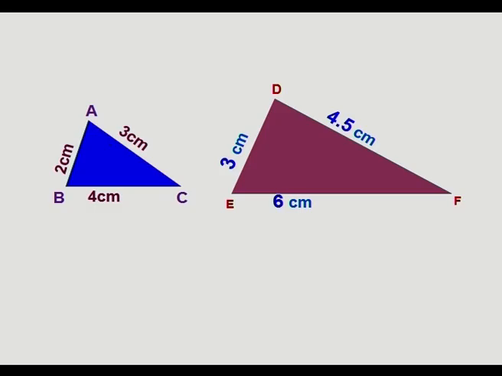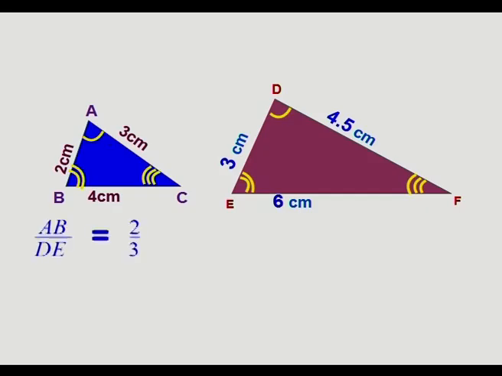When you closely observe these two triangles, you can see that they look the same in shape, but they have different measurements. Their sides have different measurements. Observe, even angle A is equal to angle D. Angle B is given as equal in measure to angle E. Angle C is equal to angle F. That is, the corresponding angles in triangle ABC and triangle DEF are equal in measure, but we see that their sides are different.